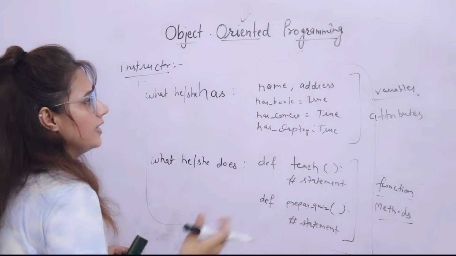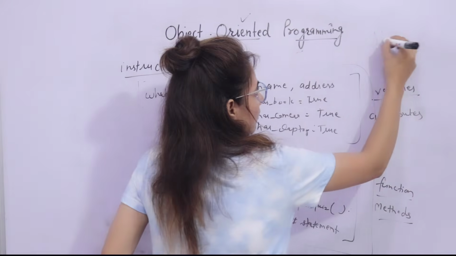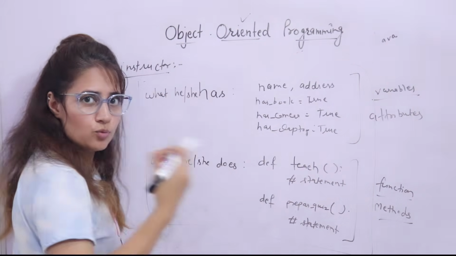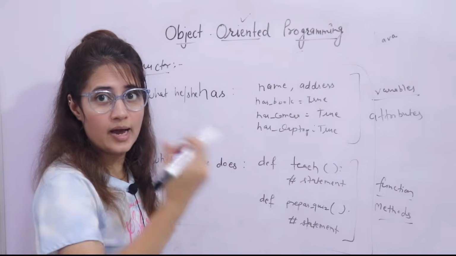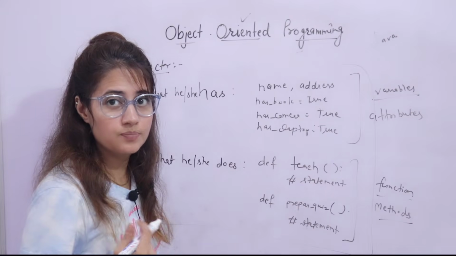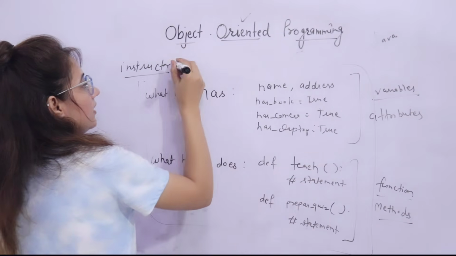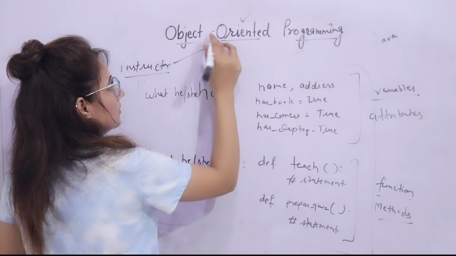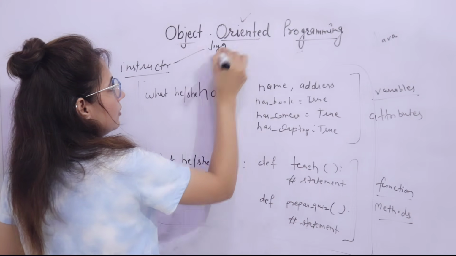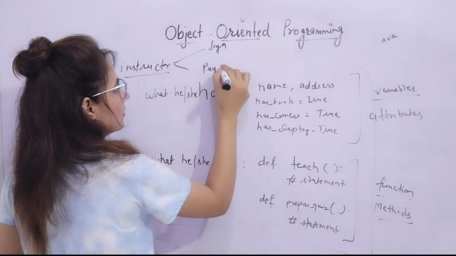Now if I want to start another course like Java, I can hire one more instructor. That is fine, right? Suppose I have hired Gia, and one more instructor Payal.